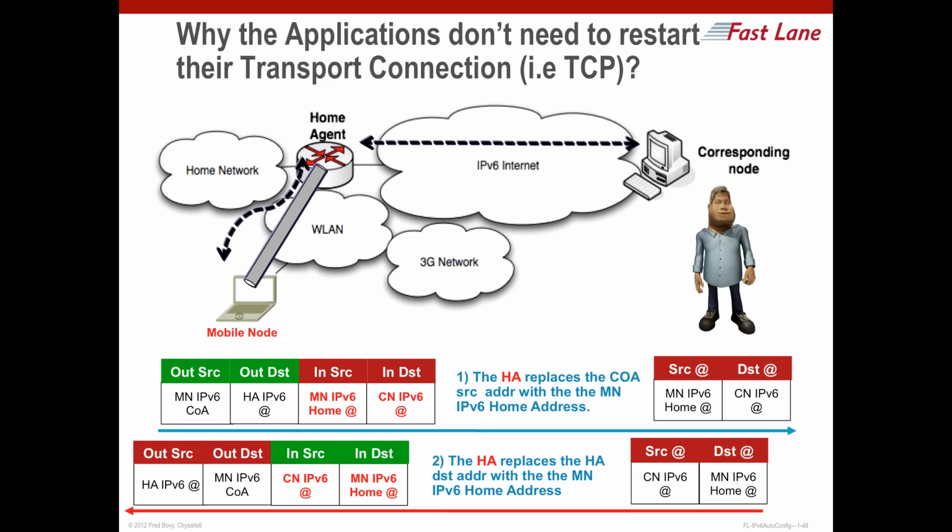It encapsulates it to the care of address. And when the mobile node is sending traffic to the corresponding node, the mobile node encapsulates it within a tunnel, and the traffic is decapsulated and sent as if the packet was originated from the home address.